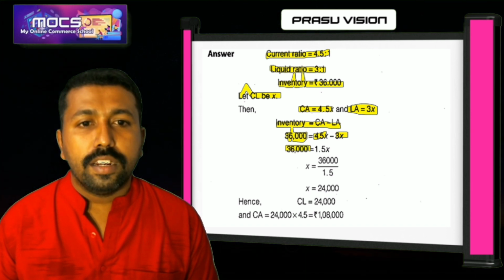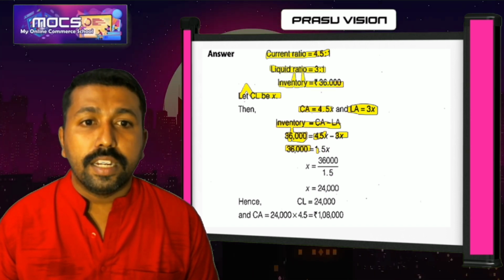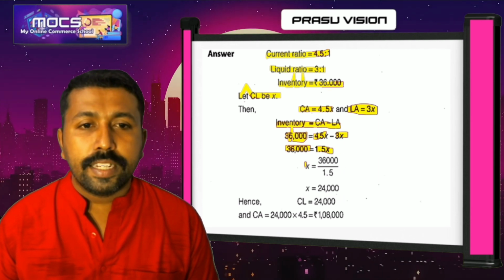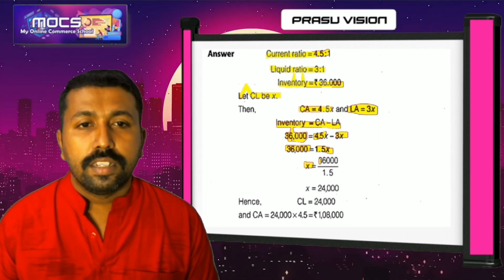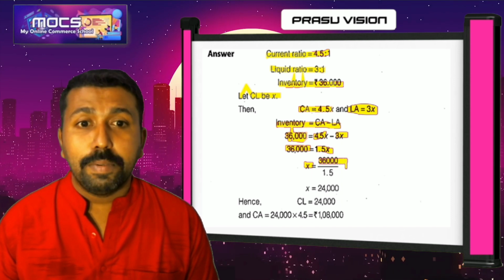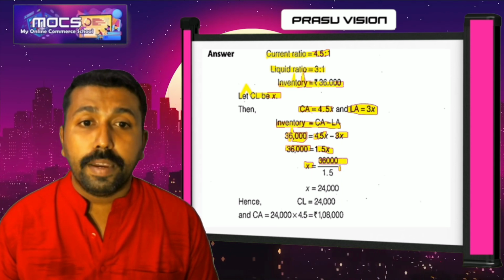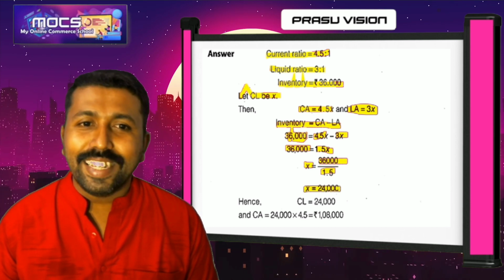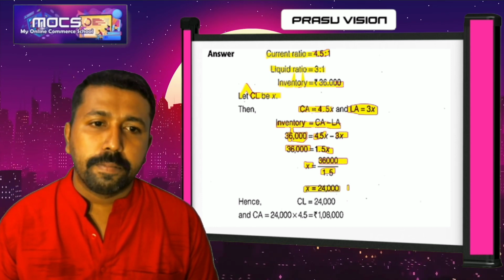So again we are shortening it: 36,000 is equal to 1.5x. Then we are getting the value of x, that is the value of current liability, 36,000 divided by 1.5. That means value of current liability is 24,000.